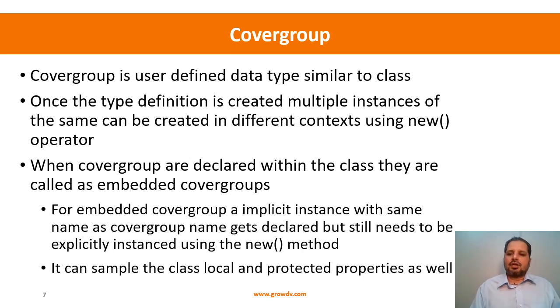Similar to that, in the case of cover group, you create the declaration with the cover group name, define your cover points and crosses, and end group, and then you declare a handle, and when you say new on the handle, that is when that particular cover group really becomes active and enabled to gather the functional coverage.